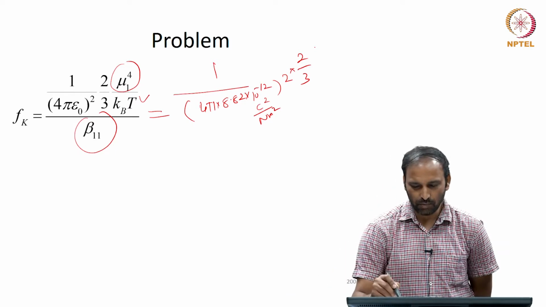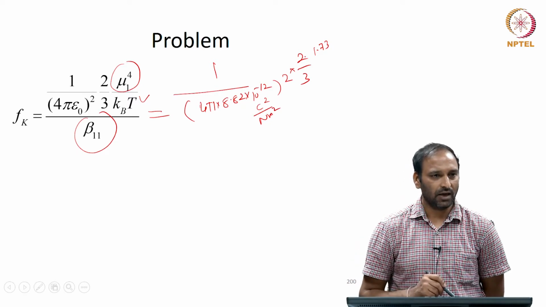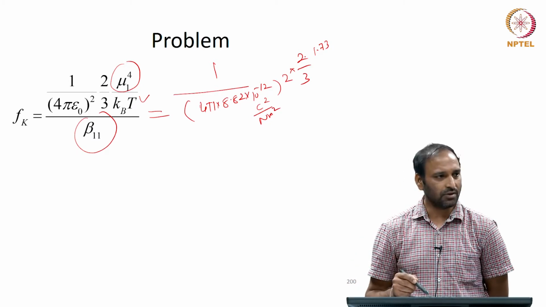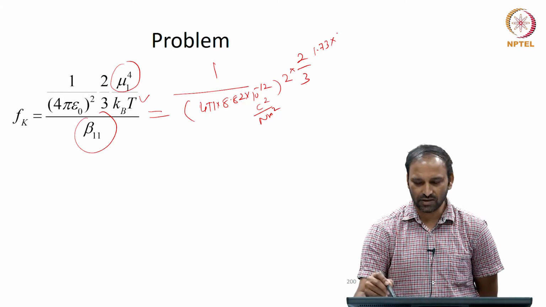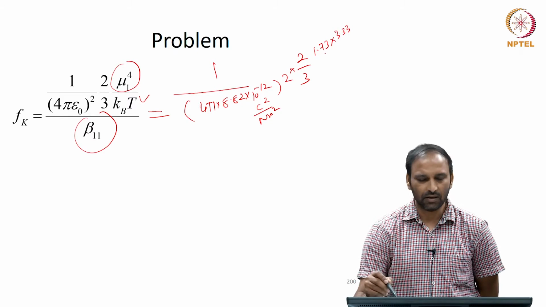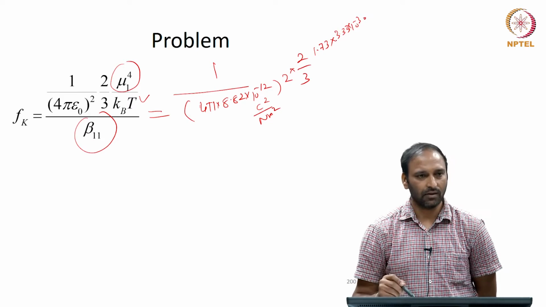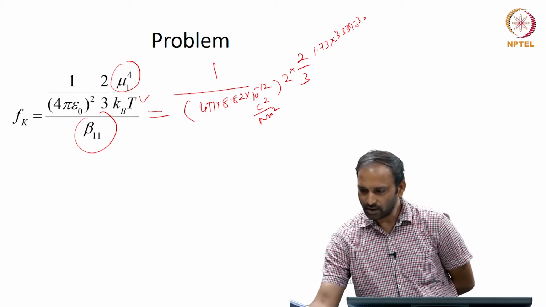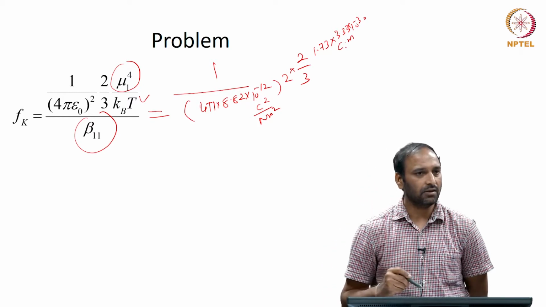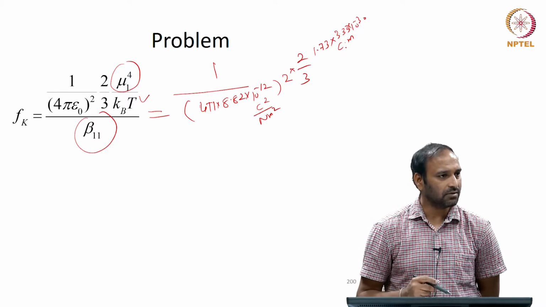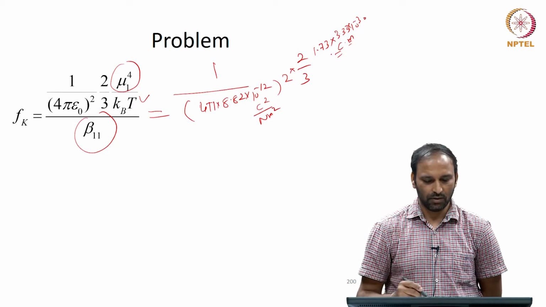1.73 Debye, and you have to convert Debye into SI units. For that you use a conversion factor of 3.33 into 10 power minus 30, and the unit will be Coulomb meter, since dipole moment is charge times distance.